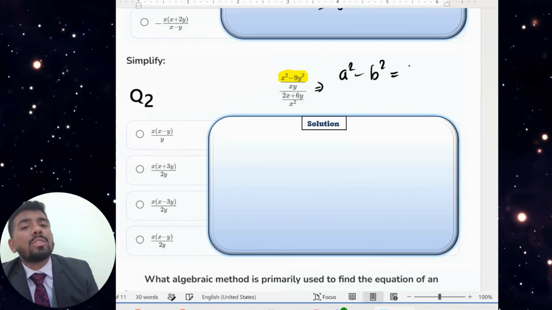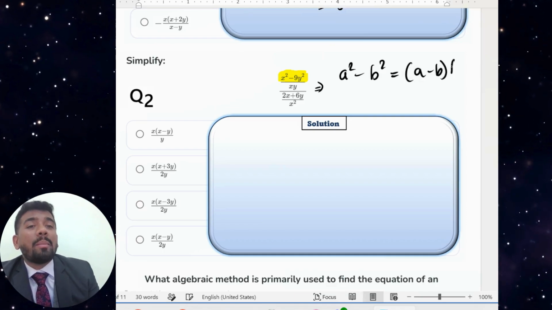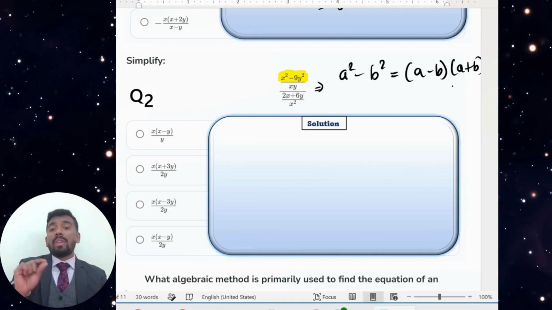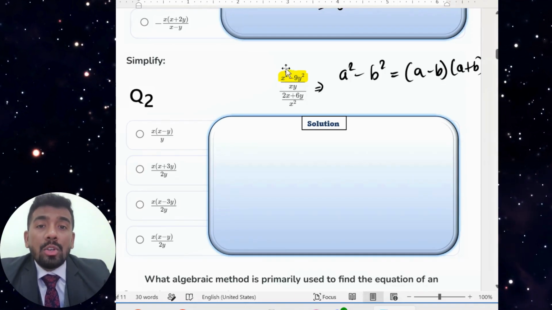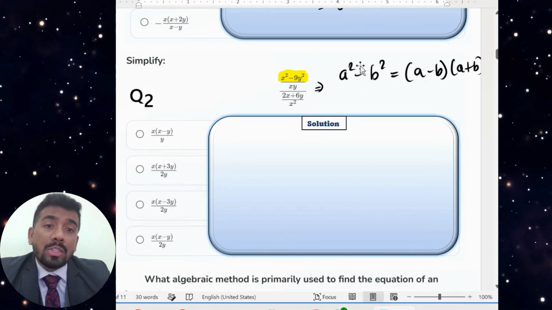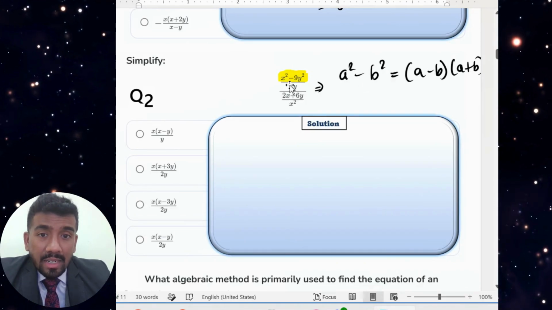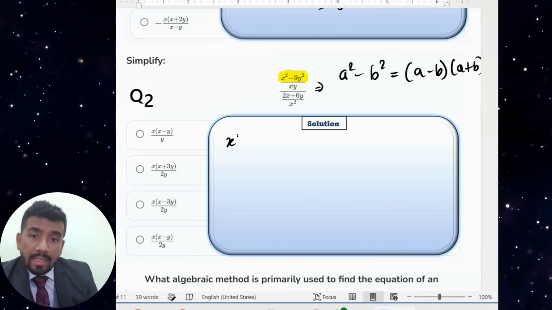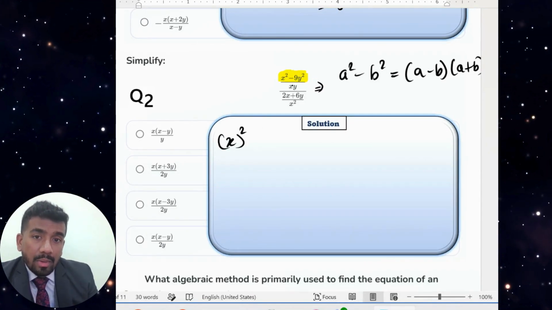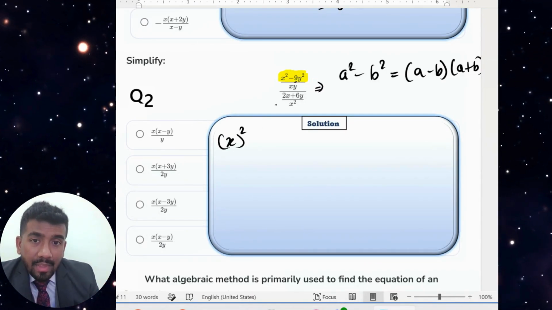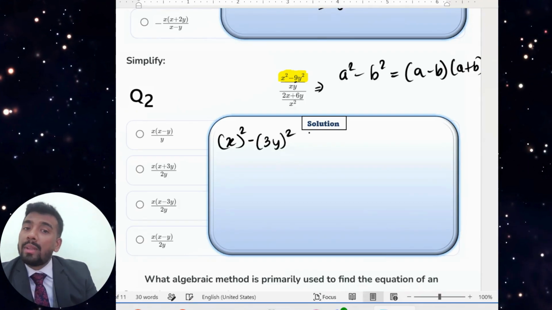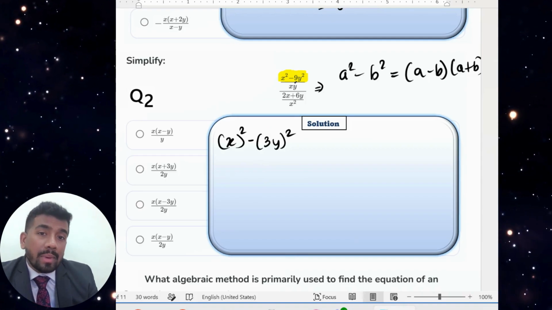What was the formula for a square minus b square? a minus b, a plus b. To change it into that formula, you need to have a square and b square, the entire square. This is an entire square, but this is not. So x I can write as the whole square, no problem. But this 9, I can write as 3 squared, because 3 square will become 9, correct?